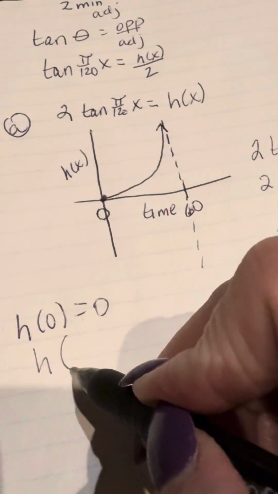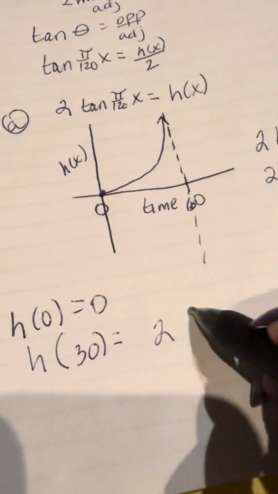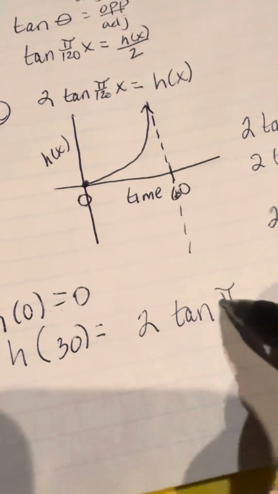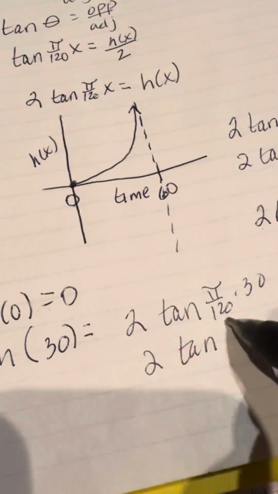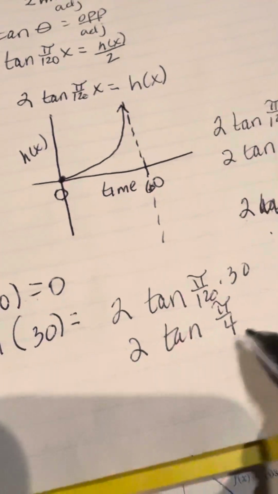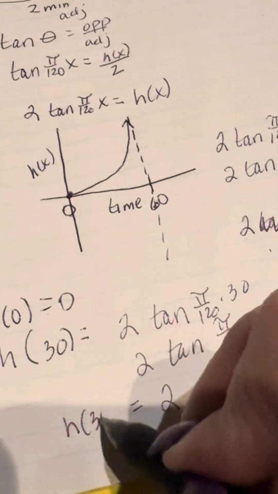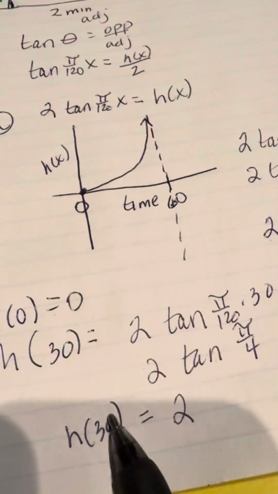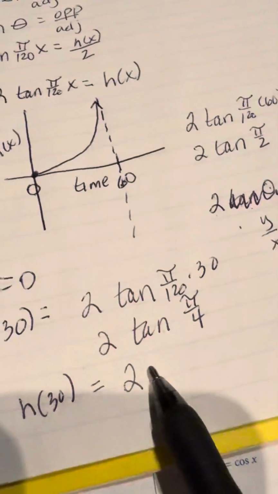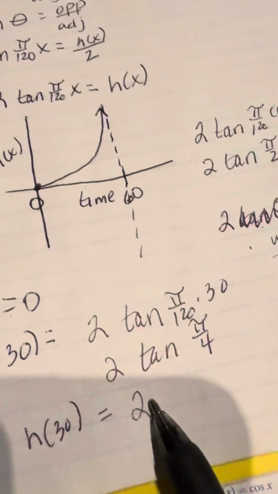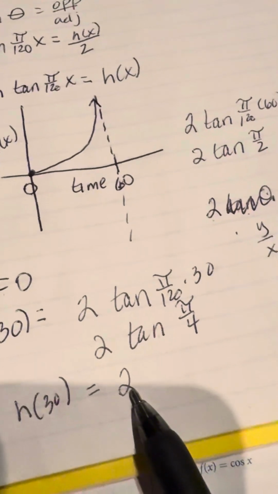Now h of 30: we have 2 tangent of pi over 120 times 30, which is 2 tangent of pi over 4, which is 1, so that's 2. So at time 30 seconds, this is the height of the rocket, and that is in miles. So it's 2 miles off the ground.